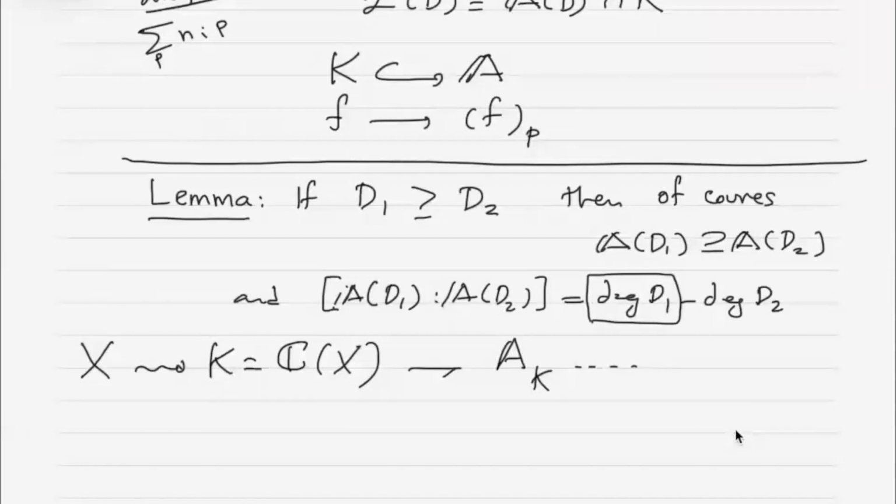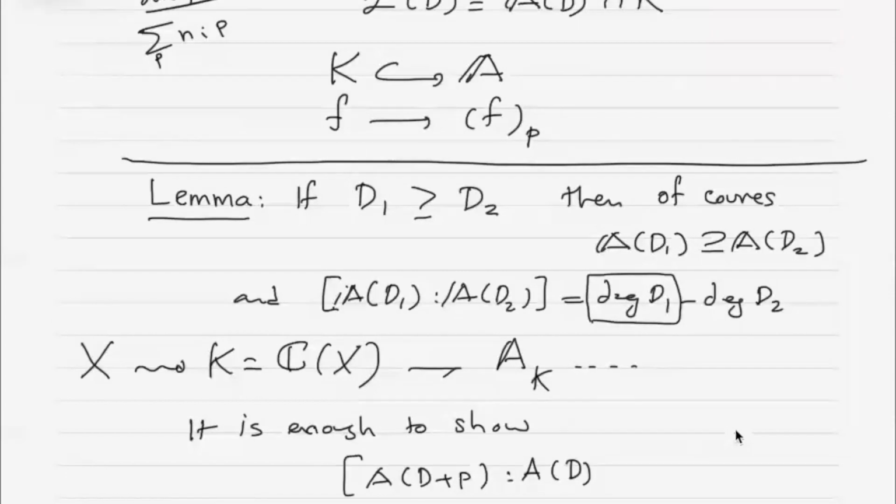All right. So let's try to prove this lemma. And it's enough to show that A of D plus P over A of D is 1. Right?